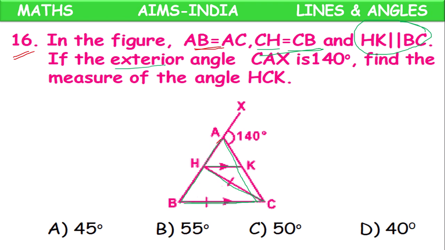If the exterior angle CAX is 140 degrees, find the measure of angle HCK. This angle HCK, how much? That is the question. We have to find this angle HCK.